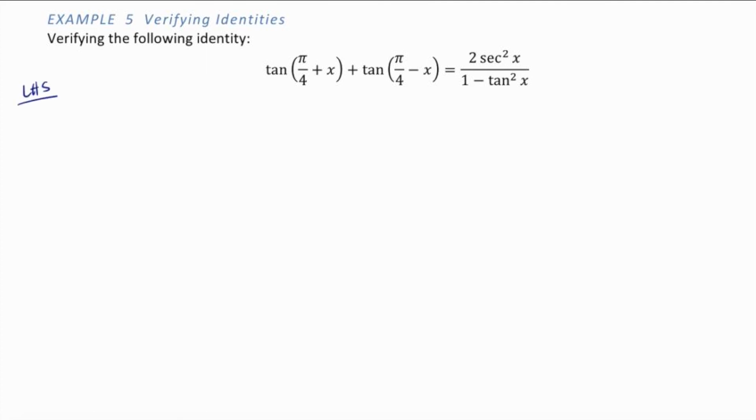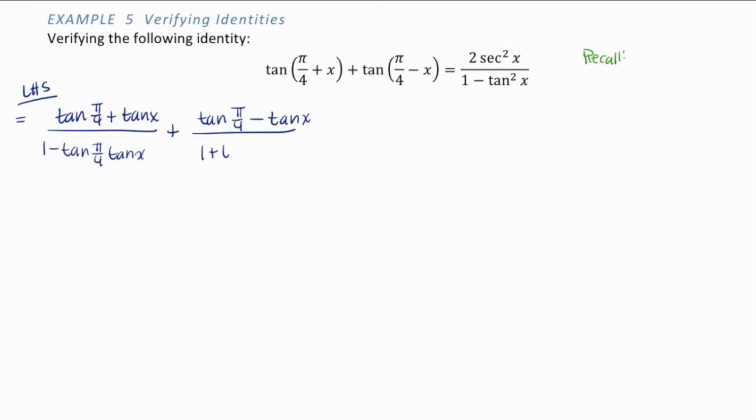So the left-hand side becomes tangent of pi over 4 plus tangent of x divided by 1 minus tangent of pi over 4 tangent of x, plus tangent of pi over 4 minus tangent of x divided by 1 plus tangent of pi over 4 times tangent x. These are direct applications of the identities given to you on the first page.